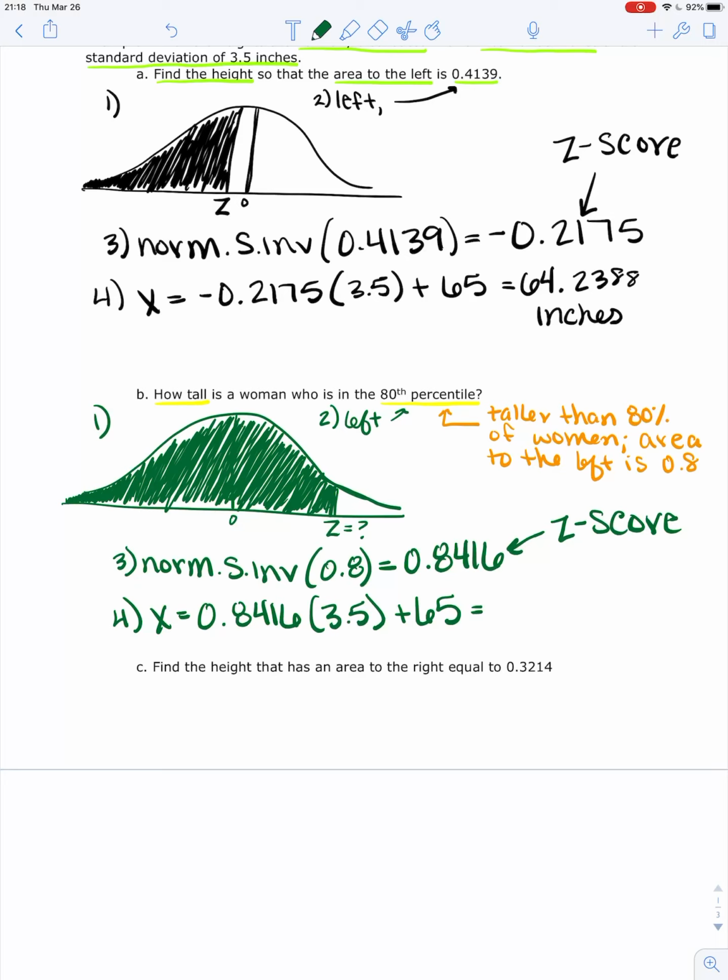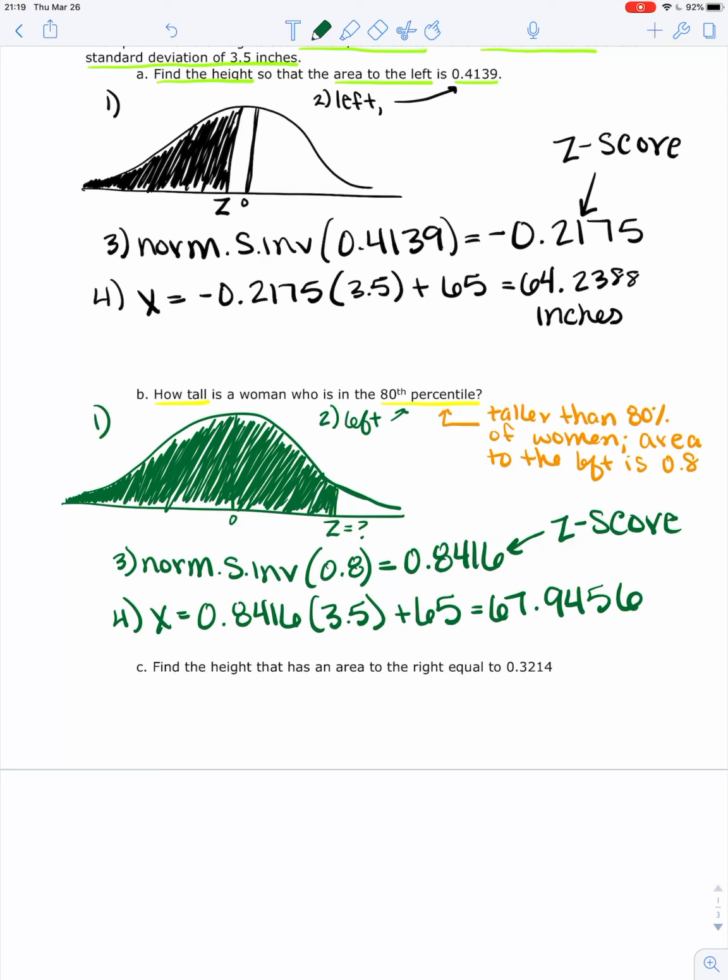And now since our z-score is positive, because we had to shade going all the way past the mean, our answer should be larger than the mean. And I got 67.9456. So a woman who is just shy of 68 inches tall, which is 5'8", would be in the 80th percentile for her height, meaning she's taller than 80% of women.